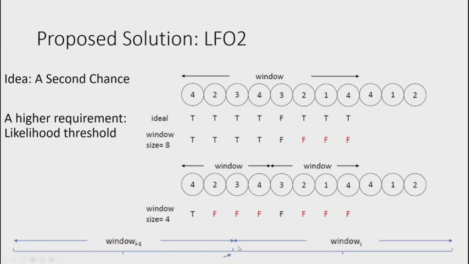During a window, when the model predicts that an object is at least 50% likely to be accessed in the future, we would cache the object. Now, the likelihood threshold is above 50%. We are going to demonstrate multiple choices of the likelihood threshold when we talk about our evaluation results.